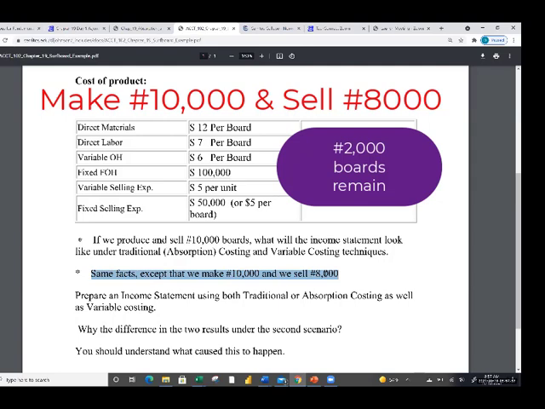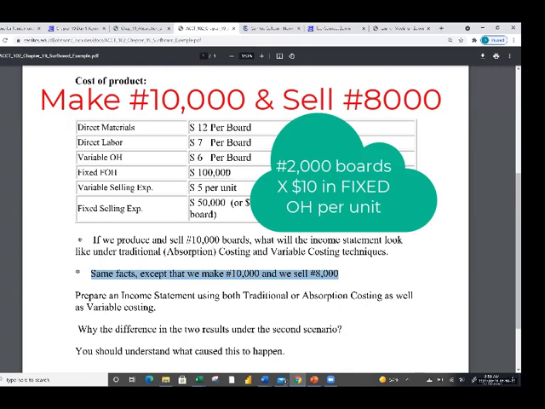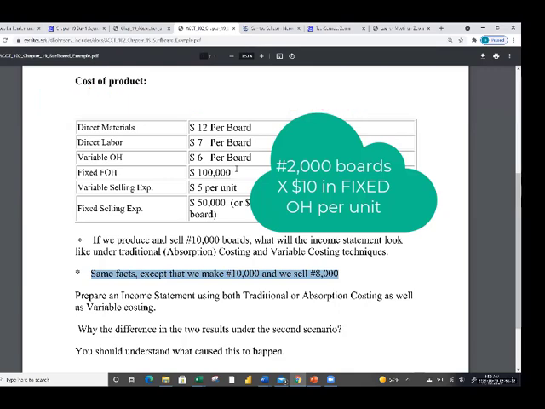Since the only difference between these two methods is how that fixed overhead is treated, you should be able to tell me right now what's going to happen on the variable costing statement. The net income on the variable costing statement is going to be 2,000 boards times the $10 fixed overhead per unit. Let me see what that comes out to.